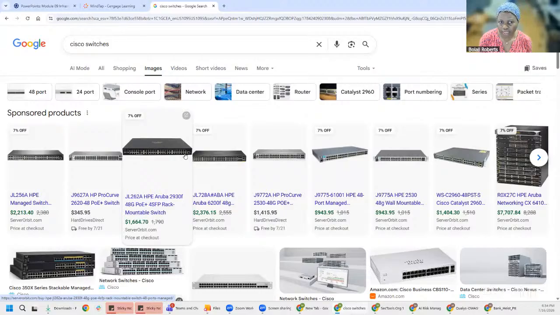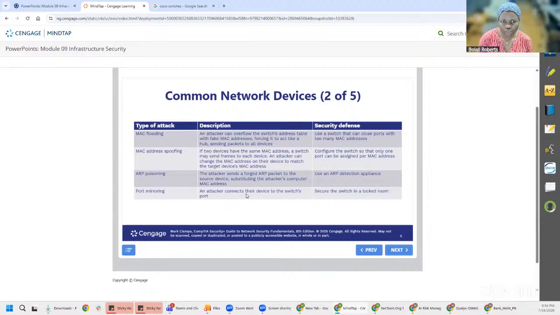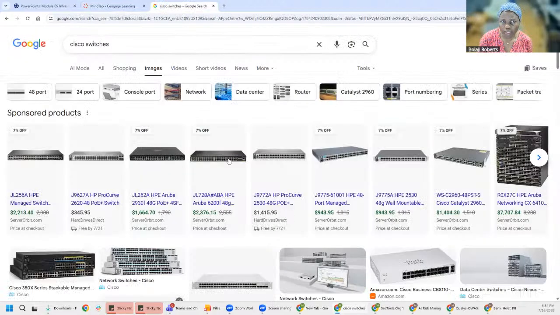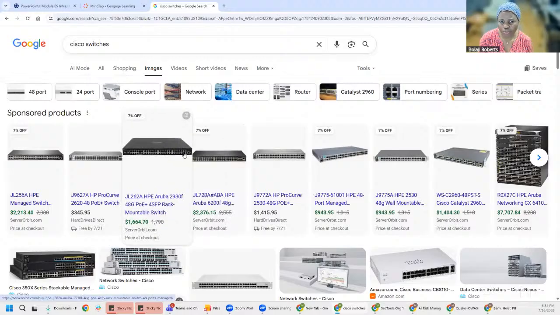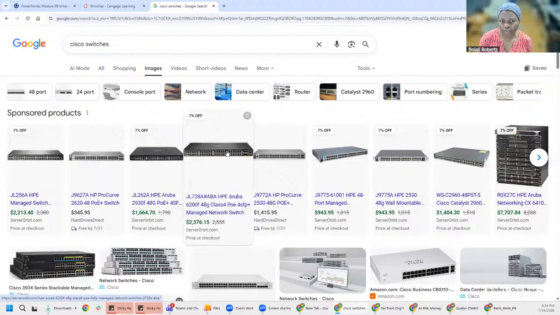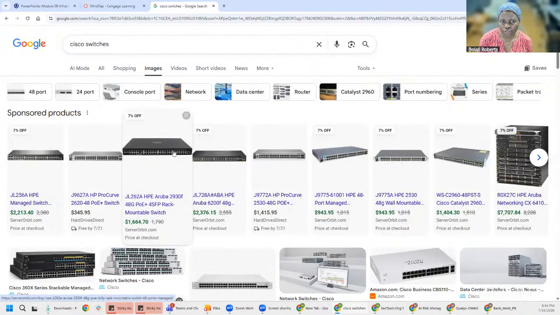Okay, so that is taking all of the traffic in. While this is not good in the hands of an attacker, it is good in the hands of the defender, because then you can plug your security tool to port 48, and you can use that security tool on port 48 to monitor if there is bad traffic or if something bad is happening on all of the other ports.